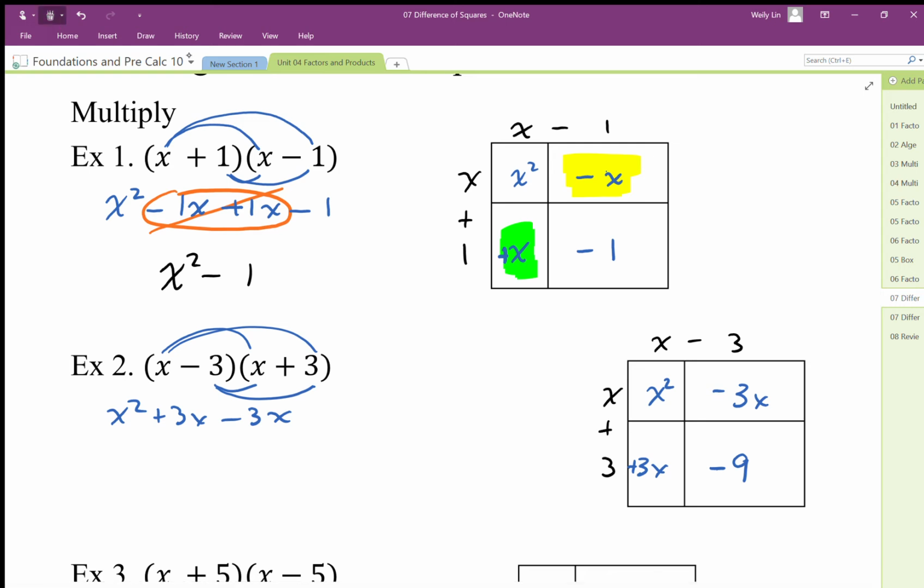Since we have this opposite symmetry of negative 3x and positive 3x, these cancel out and we end up losing those pieces. So we end up with negative 9, and as we cancel out our 0 pairs, we end up with x squared minus 9. So we end up with the square minus the square, the square of this term and the square of this term.